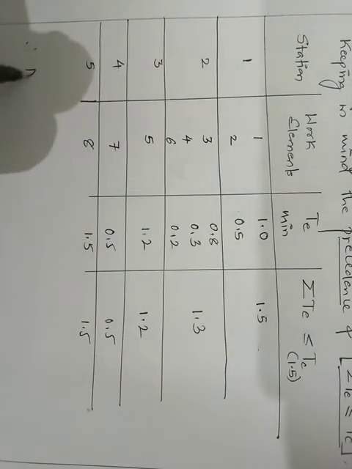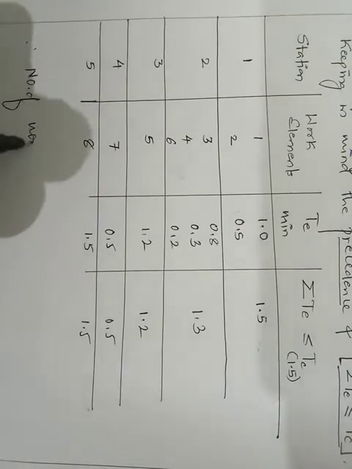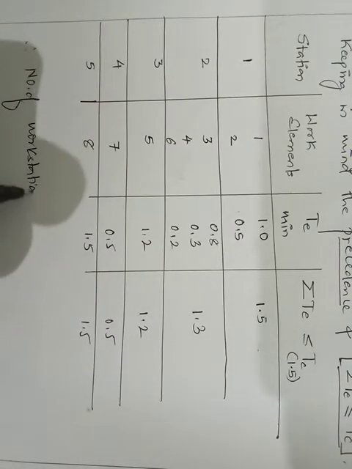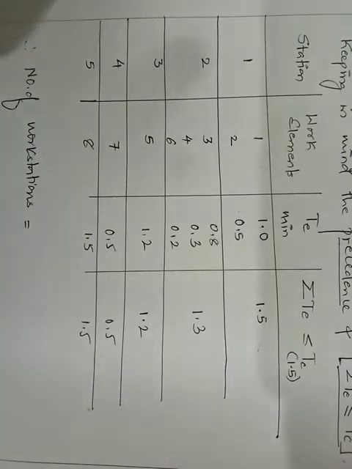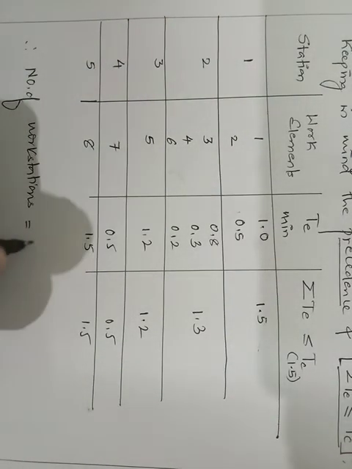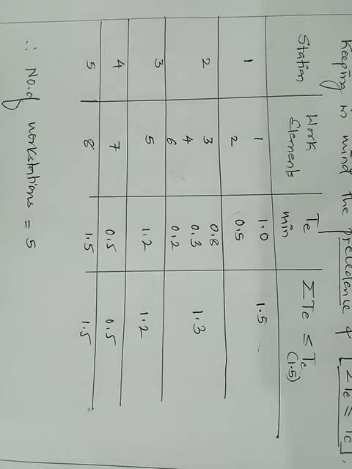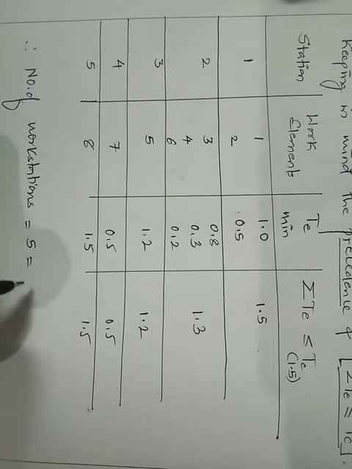So number of workstations is 1, 2, 3, 4, 5. The minimum number required was 4, but in this particular problem, after using the LCR method, we require 5 workstations. It is not mandatory that it should be only 4; it should be equal to or greater than 4. That is the reason I used the words minimum number of workstations required. So this value is the value of n.